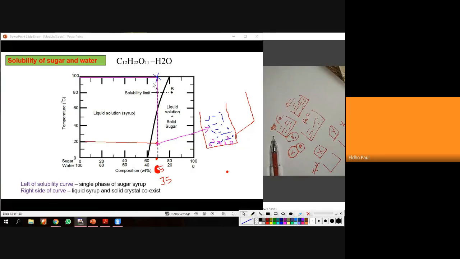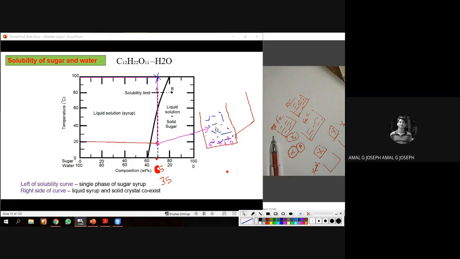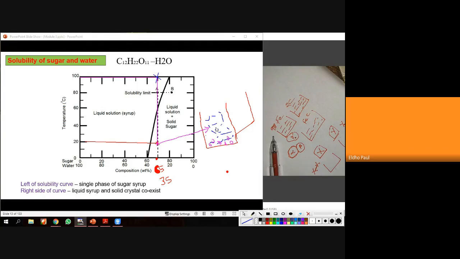So when I change the temperature from 20 to 100, what will happen to the material in this beaker? Yes, the solid sugar particles start to dissolve into this liquid solution, and it changes to a completely liquid solution.